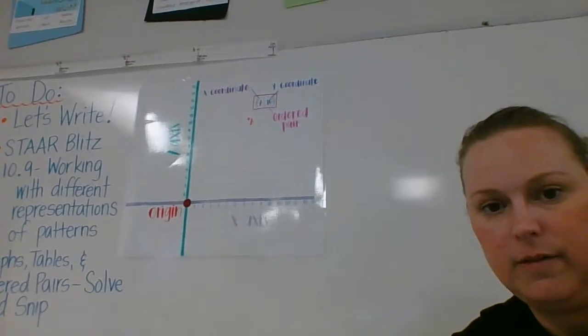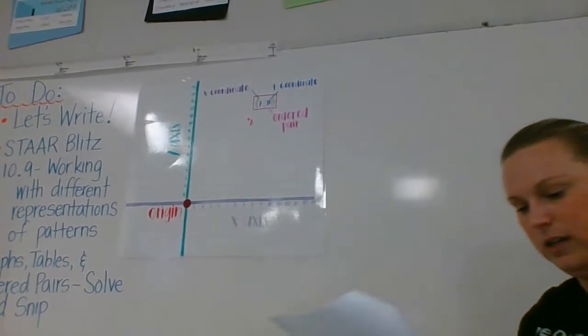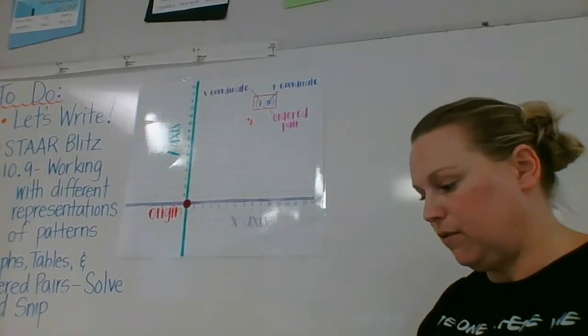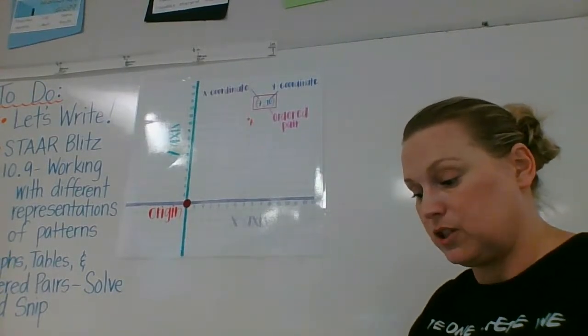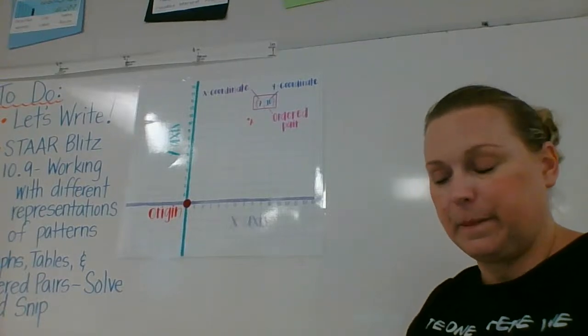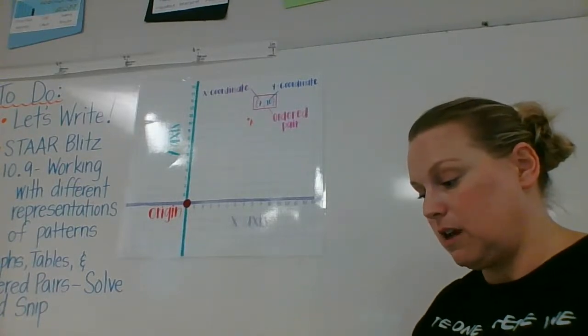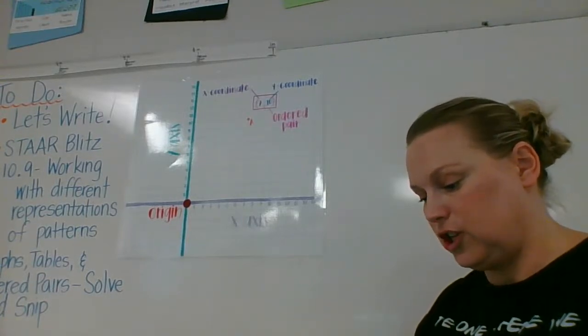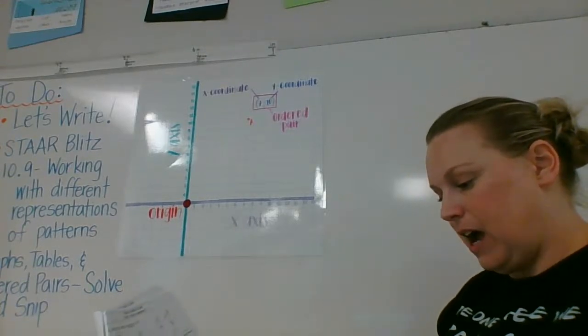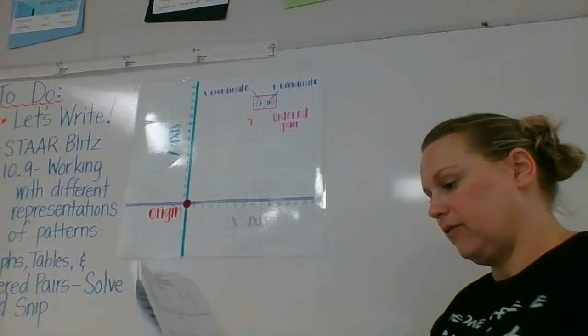It says the graph represents the relationship between the number of weeks and the number of softball games, G, that a team played. So instead of X and Y, we're talking about W and G. Which number pair extends the pattern shown on the graph?